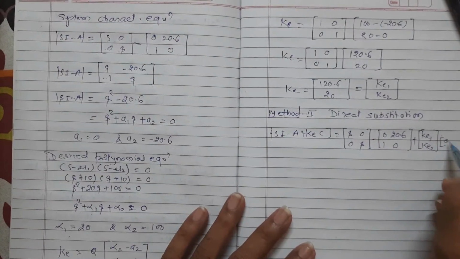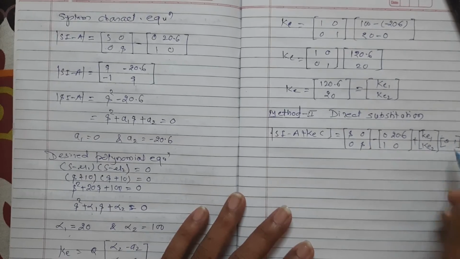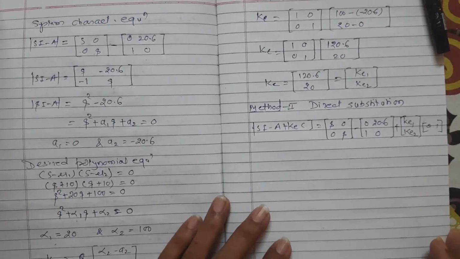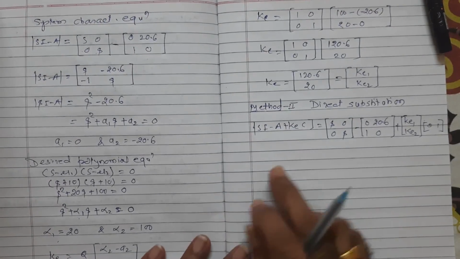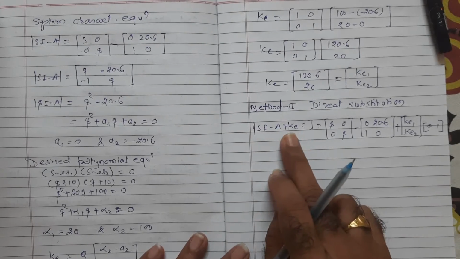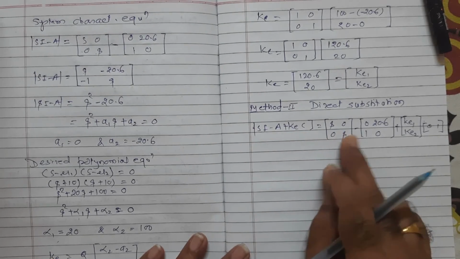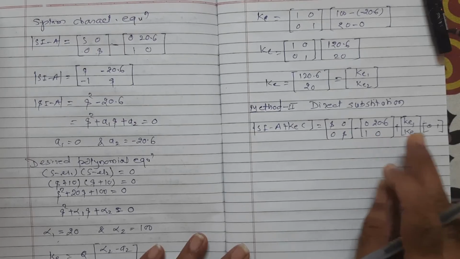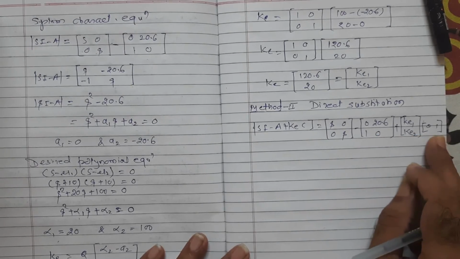So we will put here 0, here 1, and my matrix gets completed. So this is sI minus A plus Ke into C. So this is s, this is A, this is Ke, and this is C.